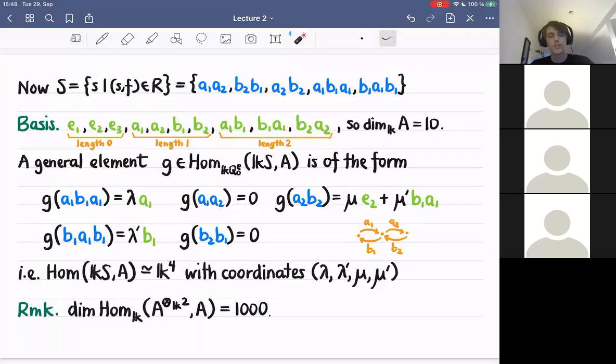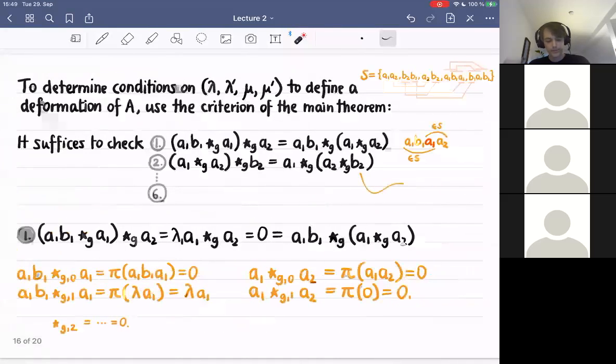So it's tensor over k. Okay, and here we just have to look at something four-dimensional.